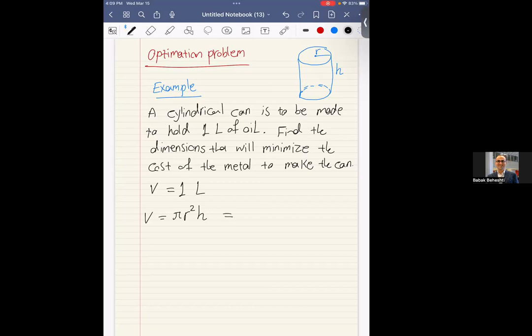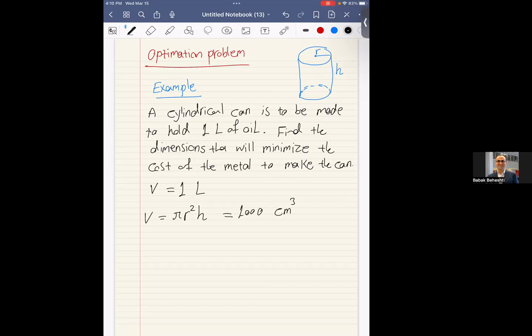And we know that the volume is fixed at 1 liter, which is basically 1,000 centimeters cubed.